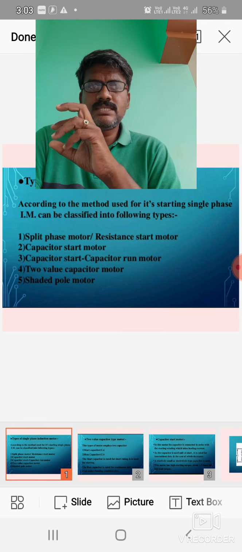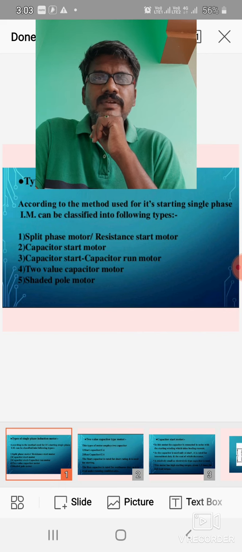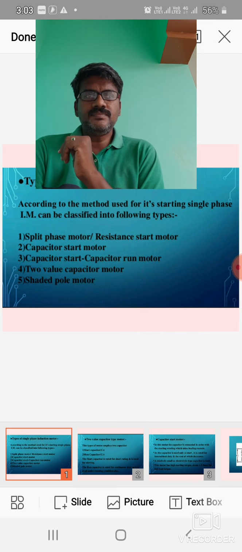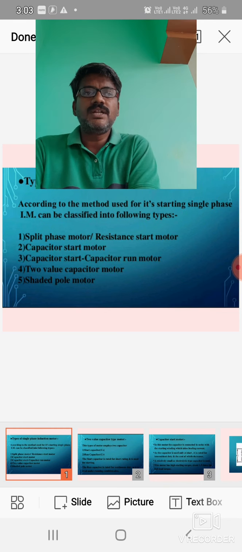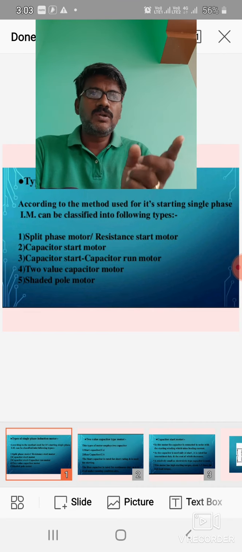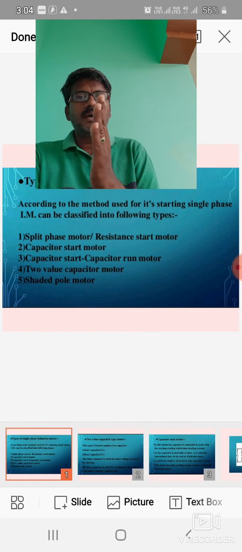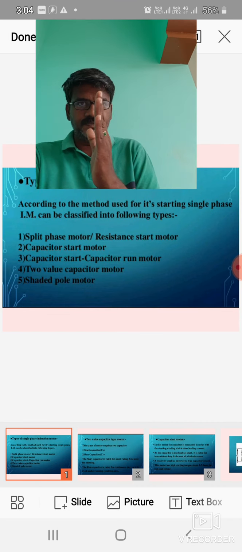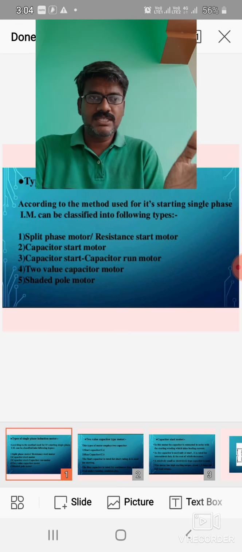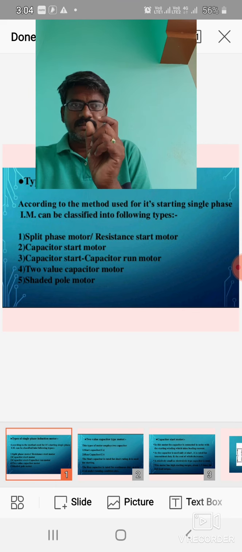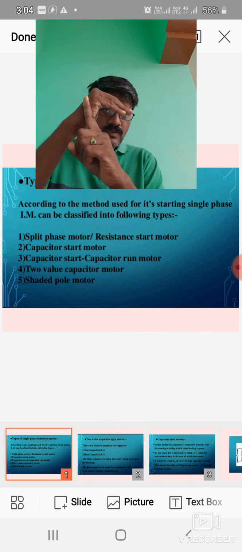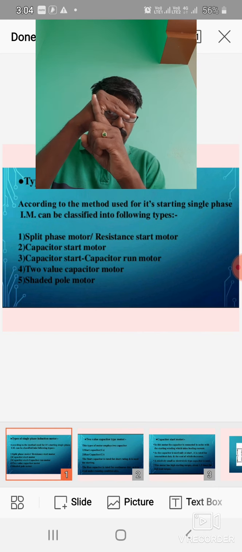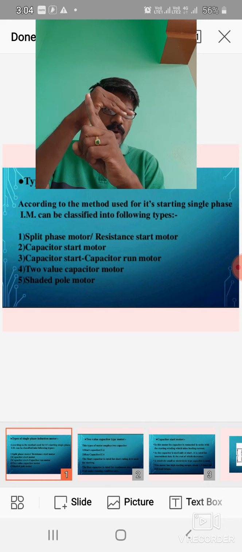simply a flux variation is made. The flux concentration within the pole changes in a shaded pole motor. By shading, that is, at about 1/4 to 1/3 of the portion of the pole, we make a slot.